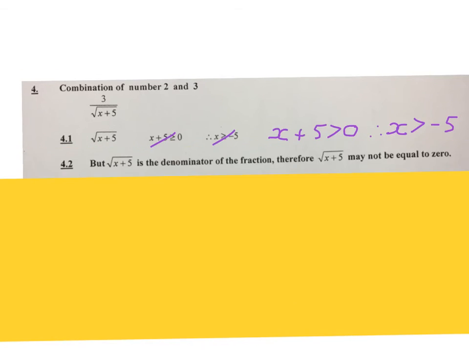This one now is a combination of the previous 2 rules I just made. There's a fraction in here and there's a square root in here. So your restriction here is that the thing under the square root must be bigger and equal to 0. But because it is under the 3, it can't be equal to 0. If this was only a square root, I would have written this, which is not right. So you rather write x plus 5 is bigger than 0 without the equal, and therefore x is bigger than minus 5.